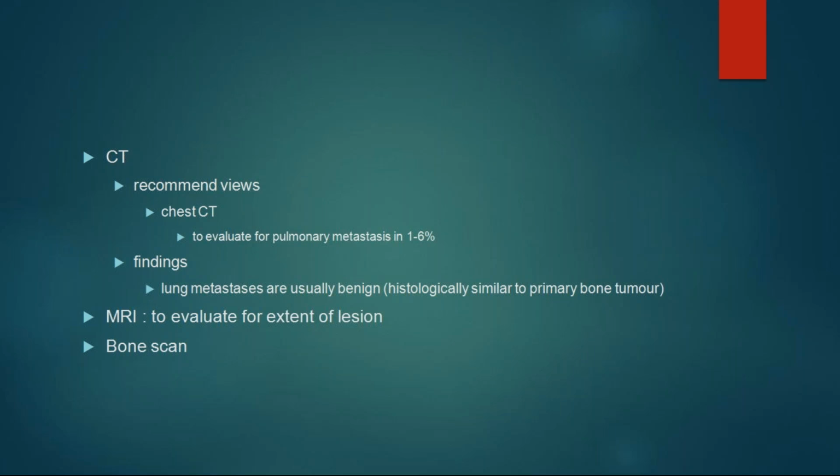And MRI is mainly done to see the extent of the lesion into the soft tissues. In MRI, we can see the soft tissue involvement, so MRI is also important. Bone scan reports are variable, so it's not so sensitive for giant cell tumor.